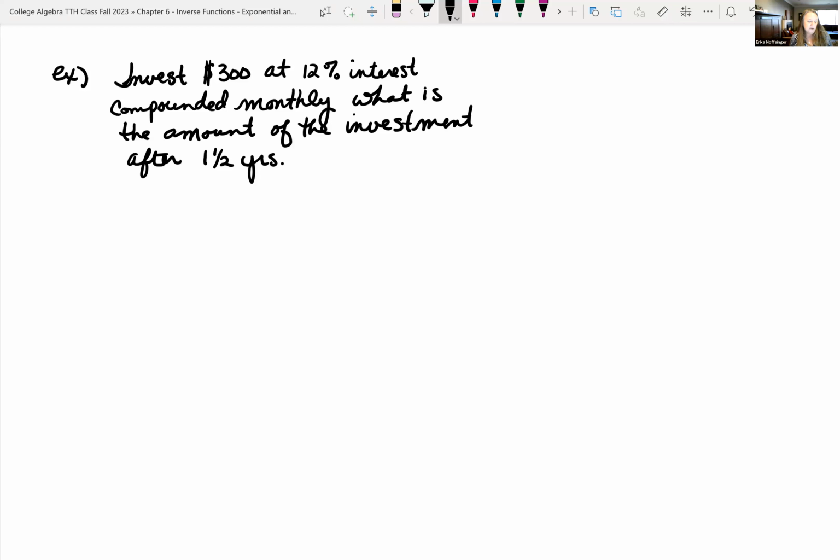So the example in front of us, we're going to invest $300 at 12% interest. We're given that it's going to compound monthly. And we want to find out what is the amount of the investment after 1.5 years.